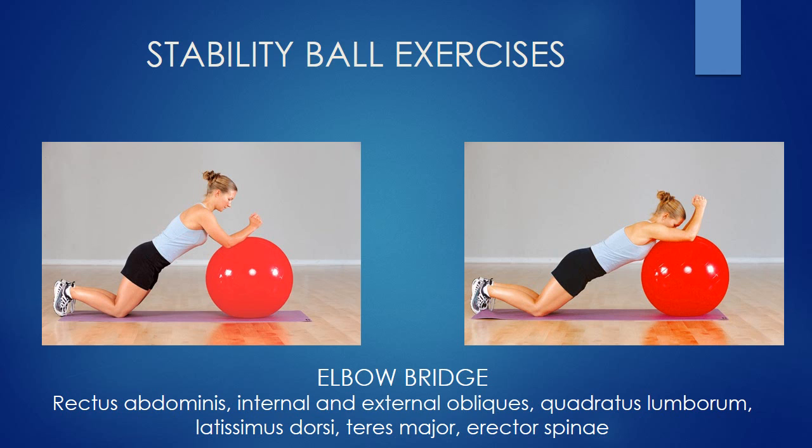So with this exercise, you'll notice that the examinee is sustaining an isometric contraction here of her core as she elongates the lever through which that contraction is sustained. So you'll notice that here the fulcrum is her knees, and she's approaching here near horizontality. At maximum horizontality, we have the maximum isometric loading on all these stabilizing muscles. Here she's more vertical, and of course there's less activation of those core muscles taking place.